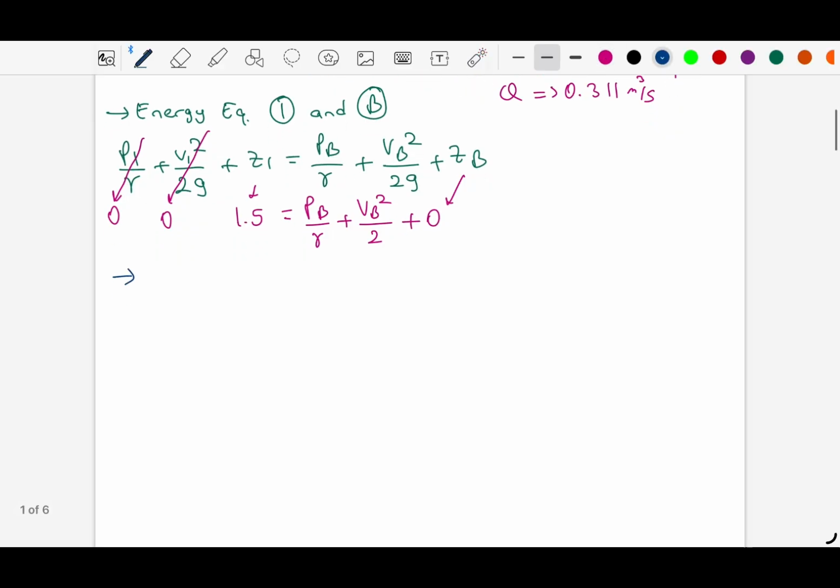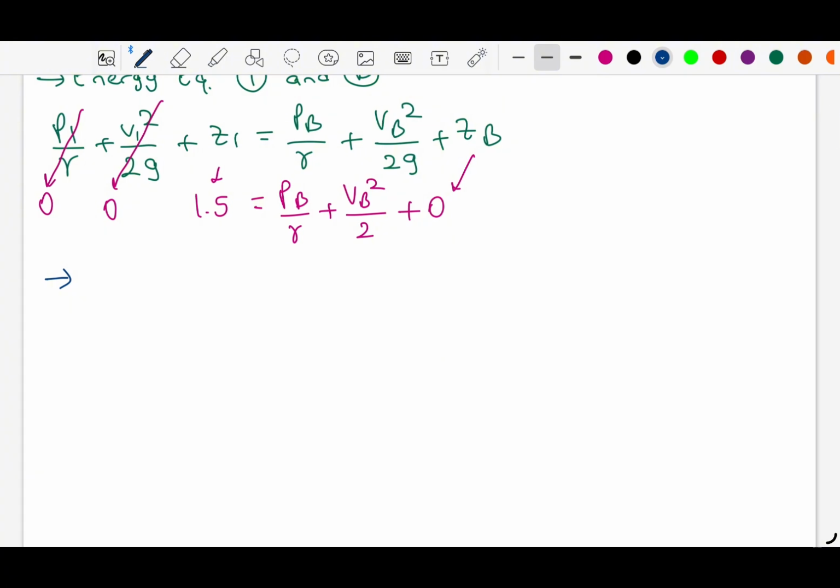So let me write that. VB is equal to Q over A. Q is 0.311 cubic meter per second. Area is pi times d square over 4, which is 0.4 square over 4.